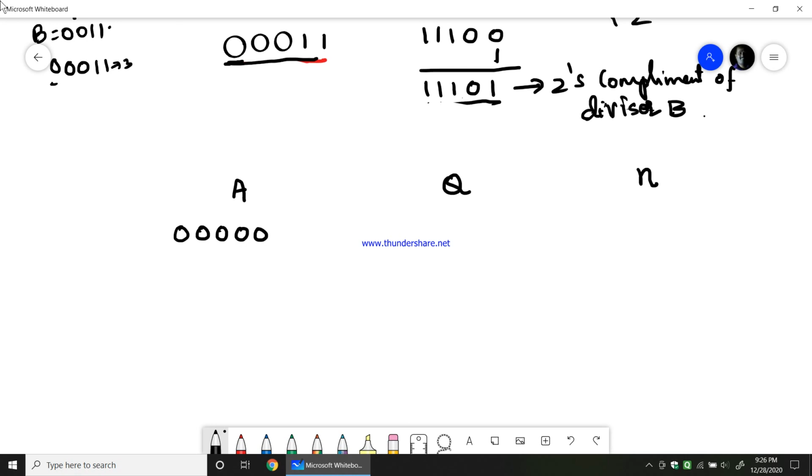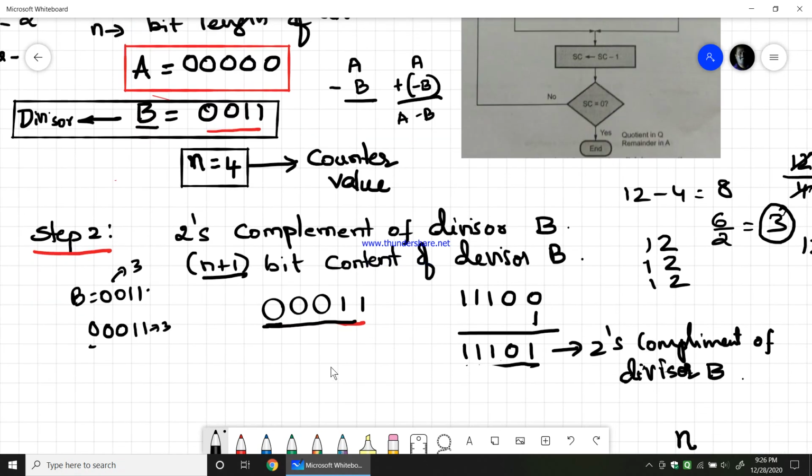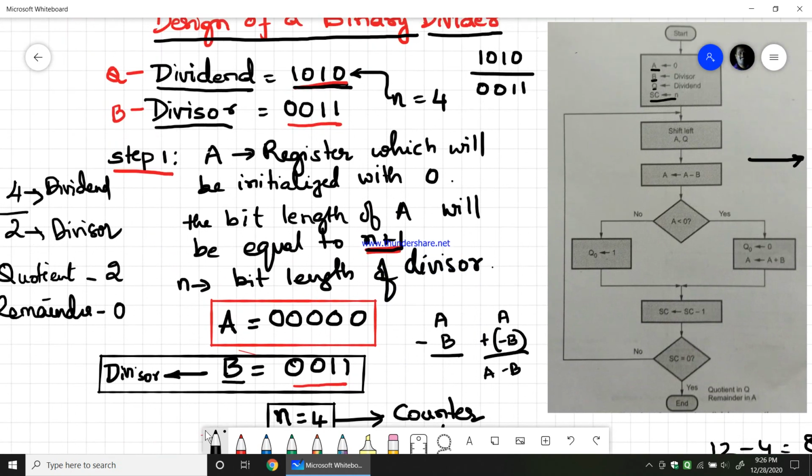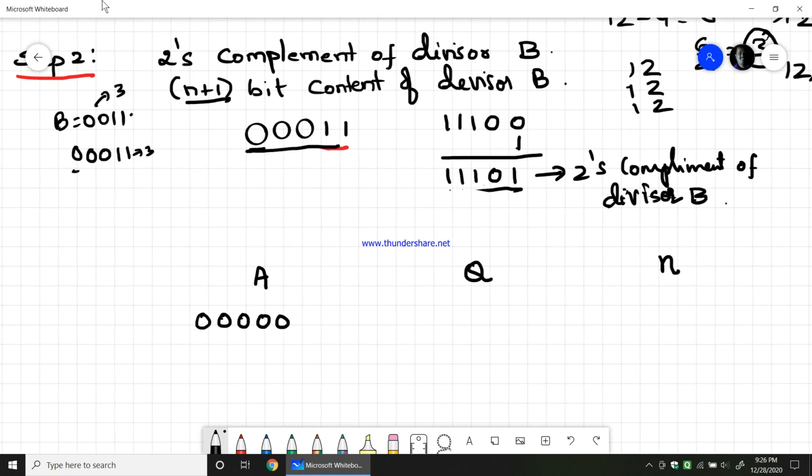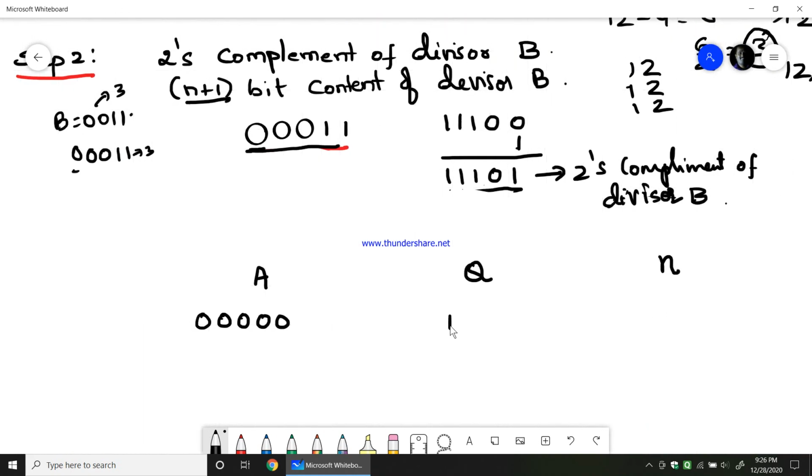The Q value is given in the question: the dividend is 1010. And the counter value is equal to 4 in the beginning.